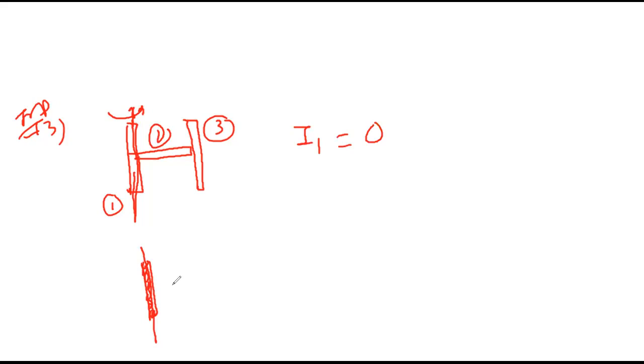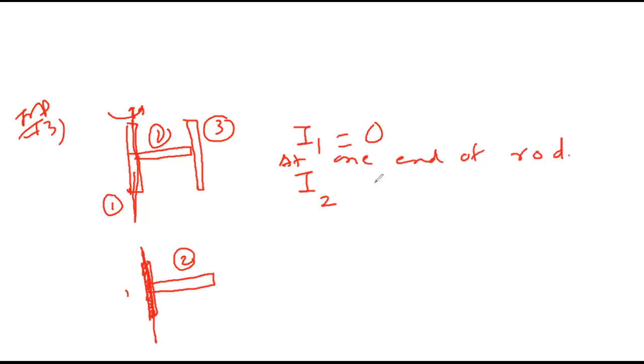Yes, sir. Zero. For the second rod, the axis is at one end. What is the moment of inertia at one end of a rod? Last lecture I derived this, if you remember. ML square by 3. Yes, sir. ML square by 3.